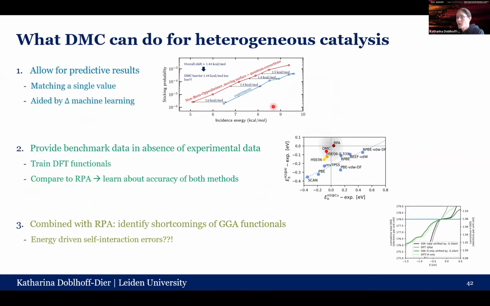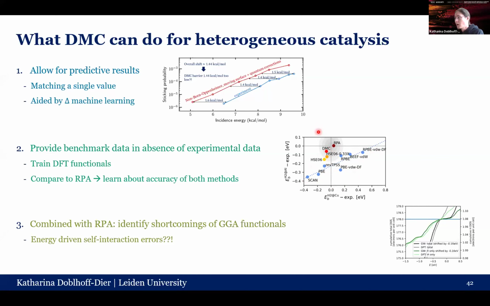So taken together, I hope that what I have been able to show you is that using DMC calculations allows us to have predictive results by matching to a single value, and maybe in the future by matching to a few tens of values by using delta machine learning. We can then also use the DMC data to provide benchmark data to tell us something about the DFT calculations, and train DFT calculations maybe better.